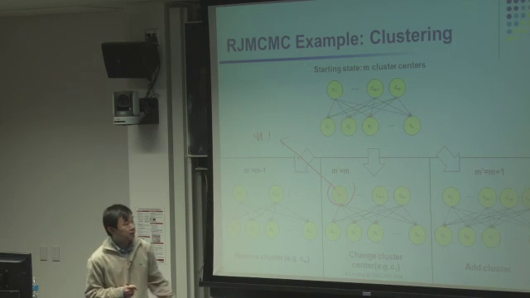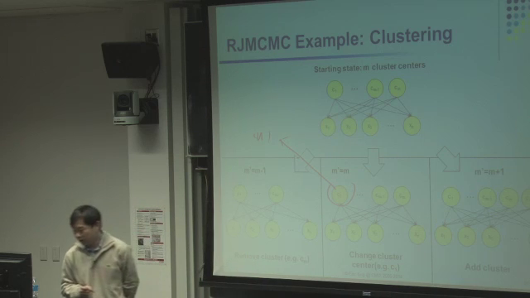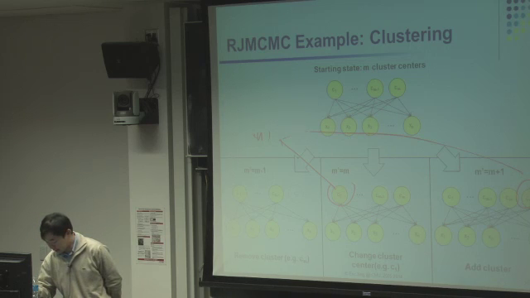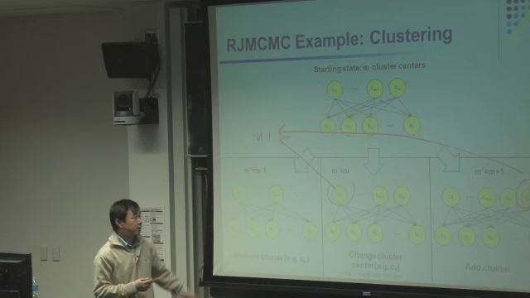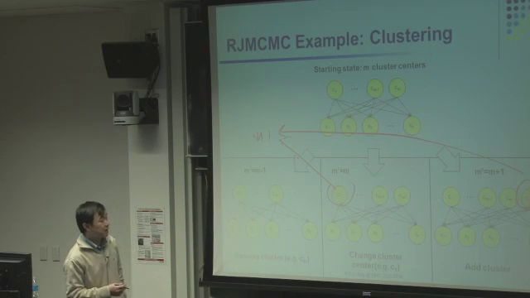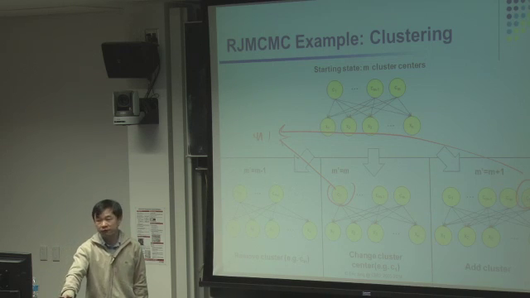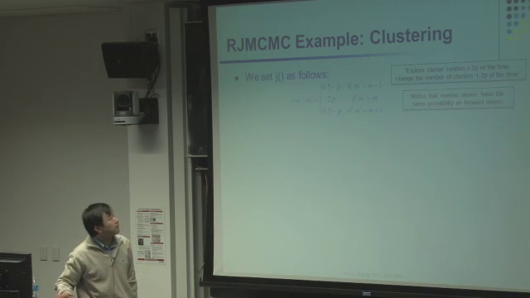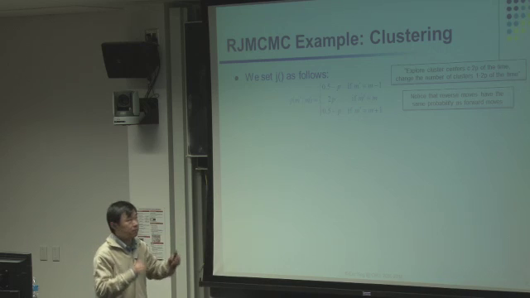And if I'm going to go to a higher dimensional space, adding one more centroid, I'm going to use this and assign that to this new mu. So the auxiliary random variable is sometimes used and sometimes not used. And of course, I need to use that very strange acceptance ratio function to decide whether this proposal should be accepted or not. And here are some specific numbers to make things more concrete.